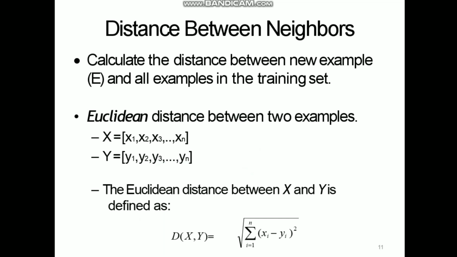The Euclidean distance between x and y is defined as d(x, y) equals the square root of the summation of i from 1 to n of the square of xi minus yi.